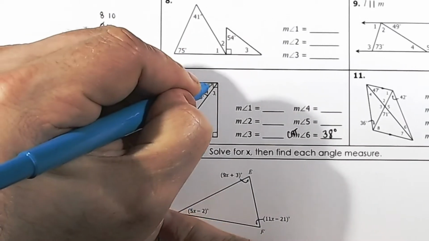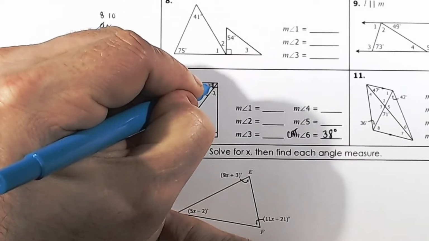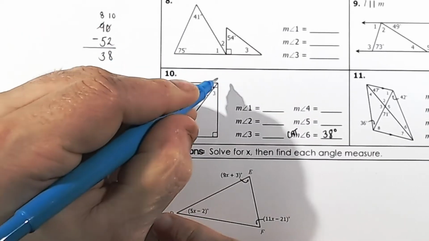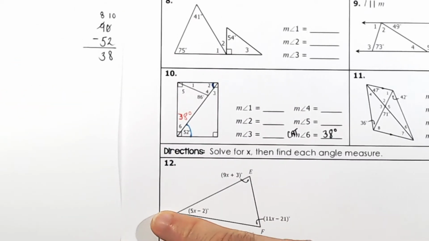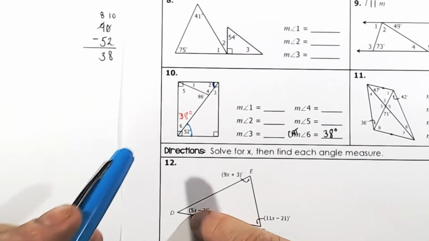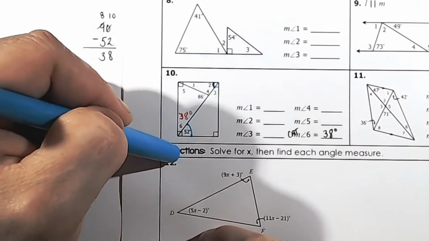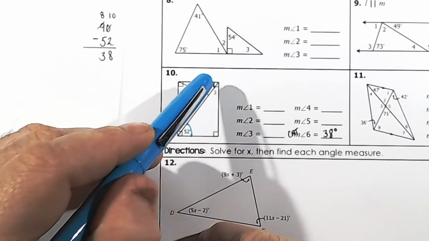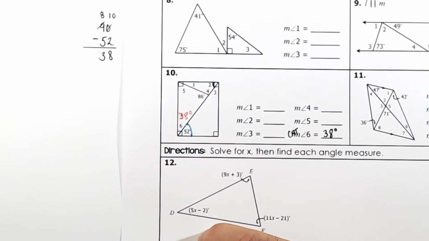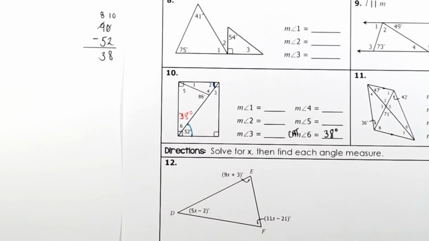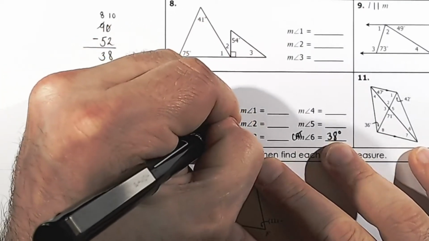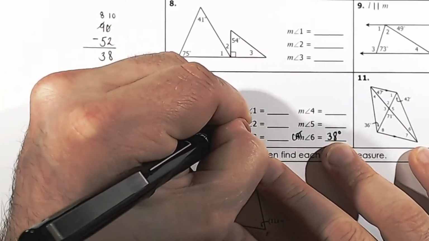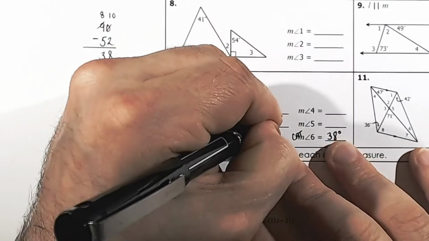That means that whatever angle 2 is, it is equal to 52 degrees because of the alternate interior angles theorem. This is two parallel lines cut by a transversal. So angle 2 has to be equal to 52 degrees. So by the alternate interior angles theorem, angle 2 is 52 degrees.